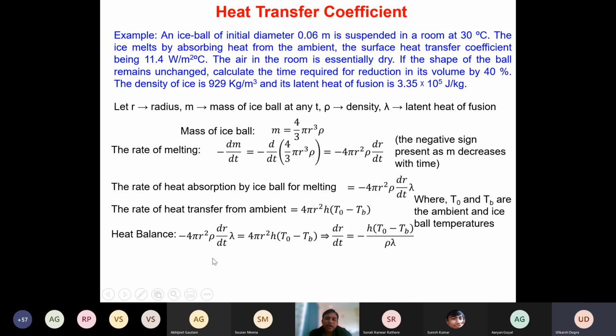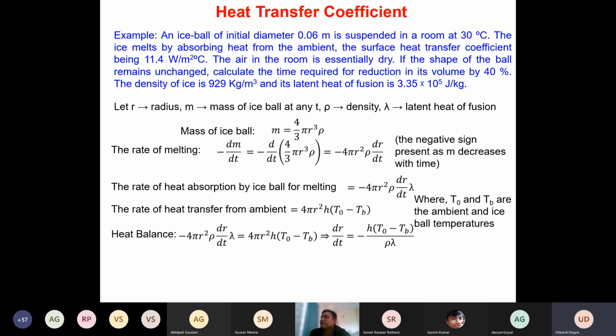So we can write this equation like this: 4 pi r square rho dr by dt lambda will be given as 4 pi r square h (T0 minus TB), and we are keeping this temperature the same, isn't it? Because there will not be a decrease in the temperature of the ice ball. So this is a slightly different problem compared to what we were looking at earlier. Earlier the surface temperature of the ball was changing with time.